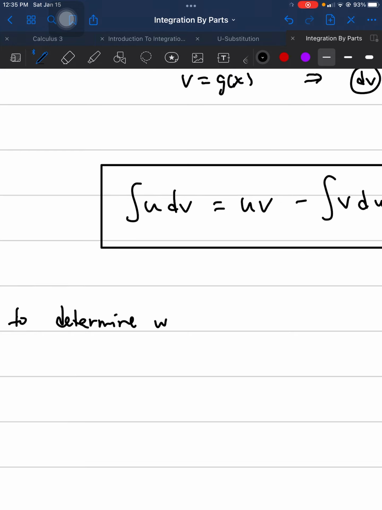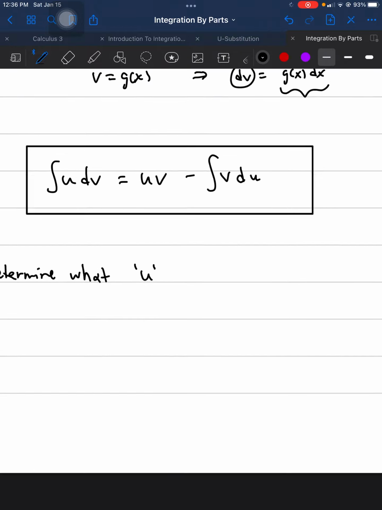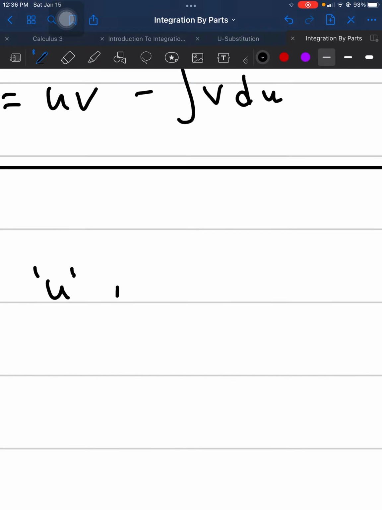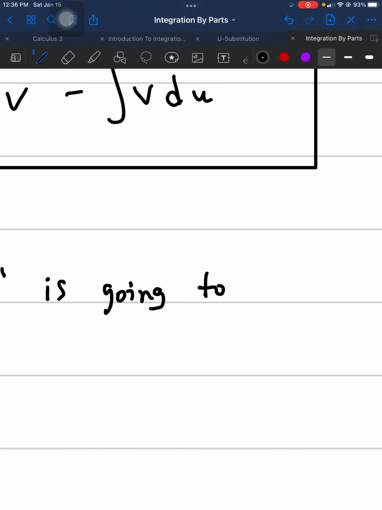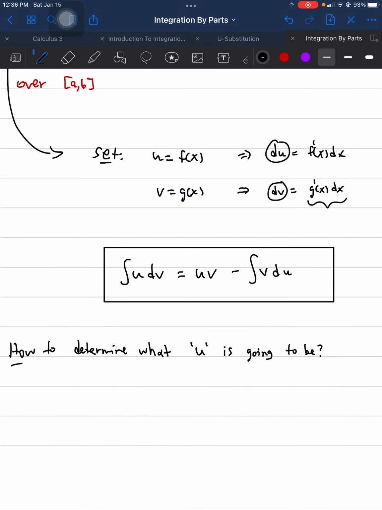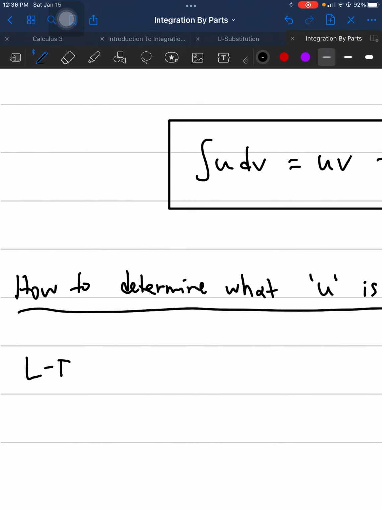How to determine what u is going to be, right? So we're going to use a method called LIATE.